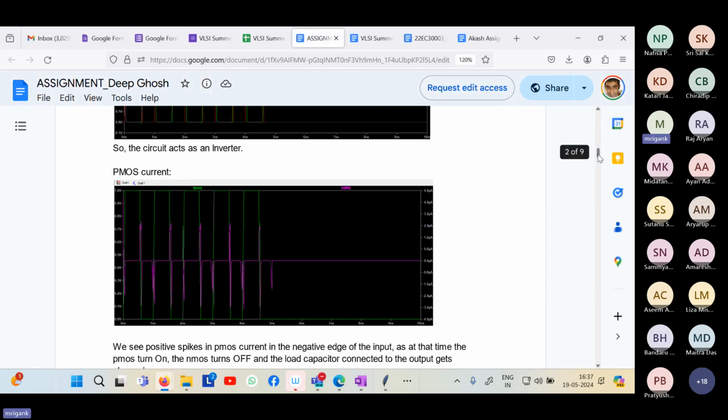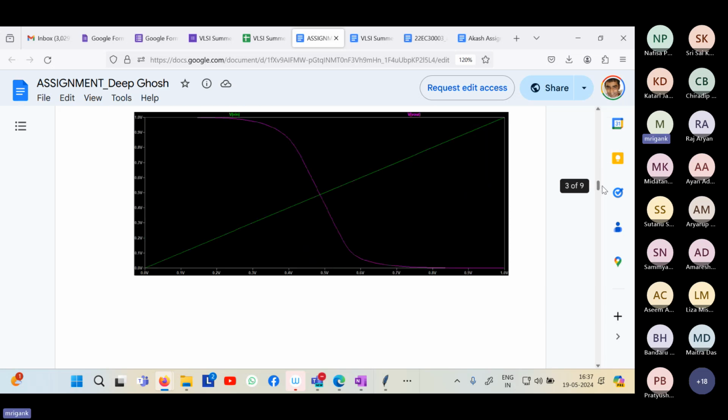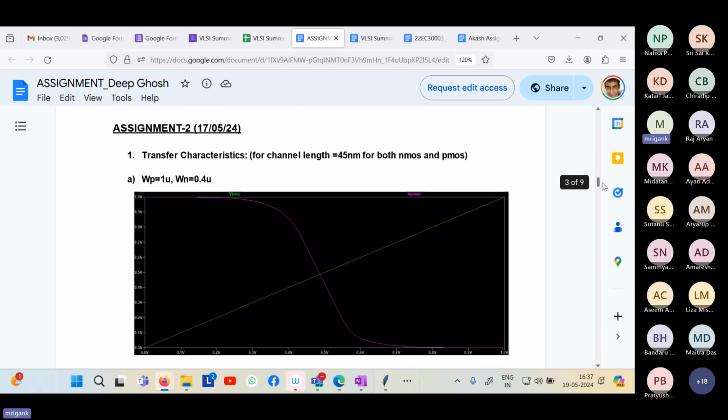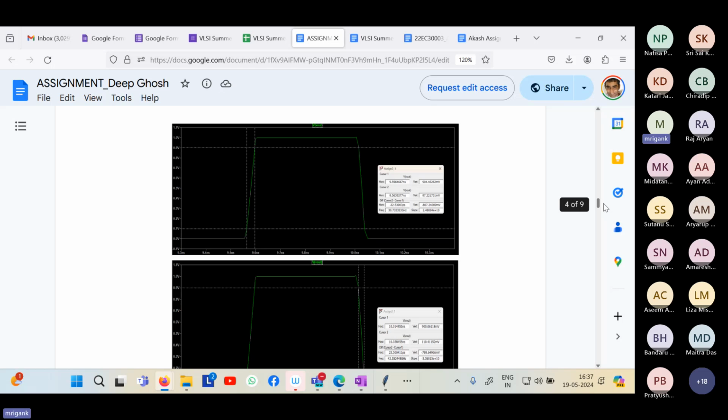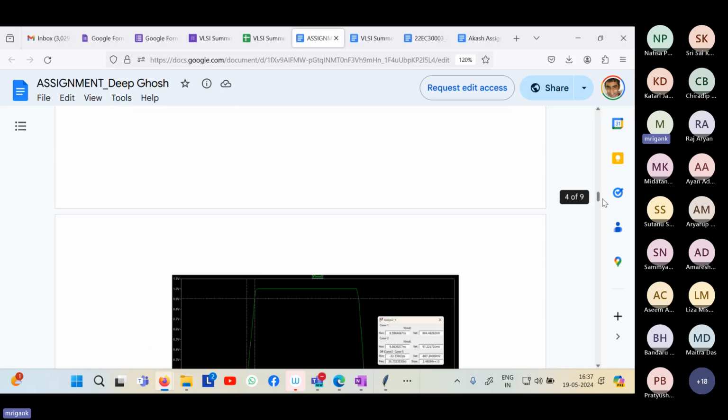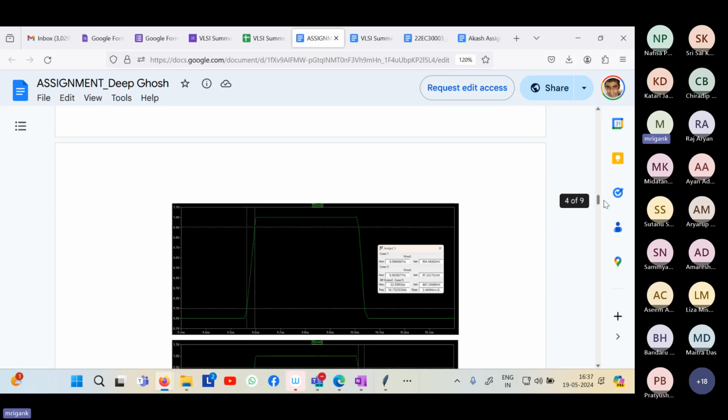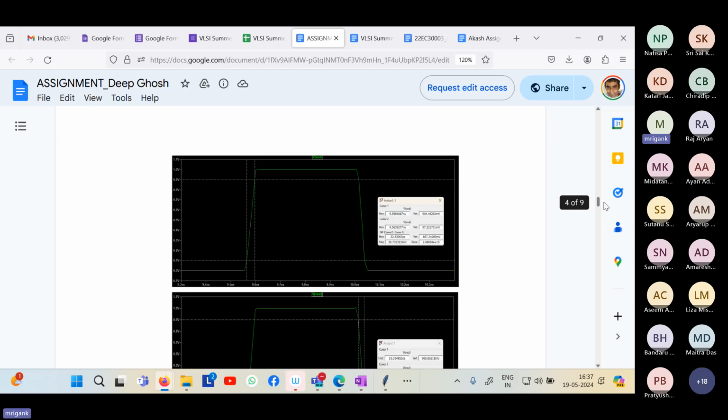This is assignment 1. So right now, anyway, assignment 1 we already discussed. Assignment 2, the rise time fall time here is included in the snapshot itself directly. So horizontal, vertical, and the difference.